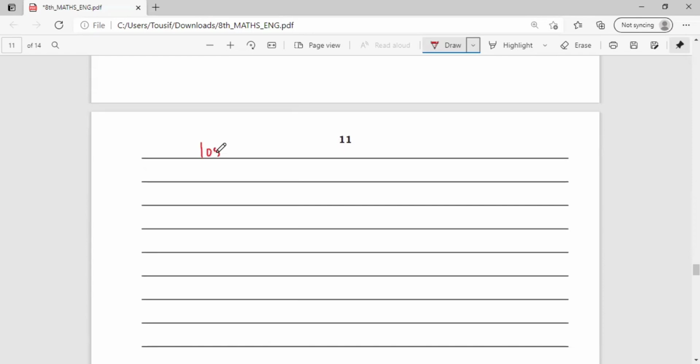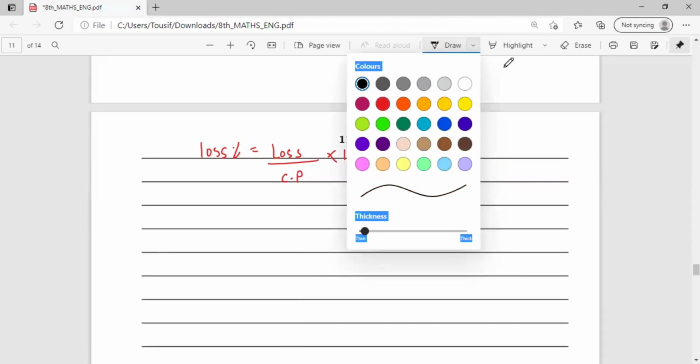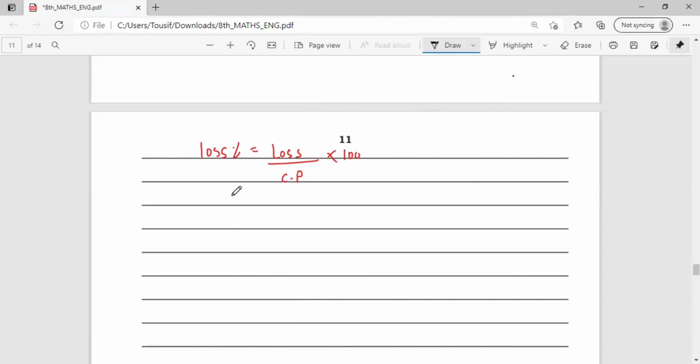Loss percentage is equal to loss divided by cost price into 100. The loss percentage value is given, that is 8%. Loss is the value we have to find out. We don't know it, so we write it as it is. Cost price we got as 1800.